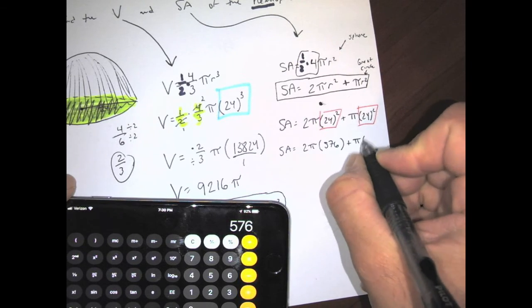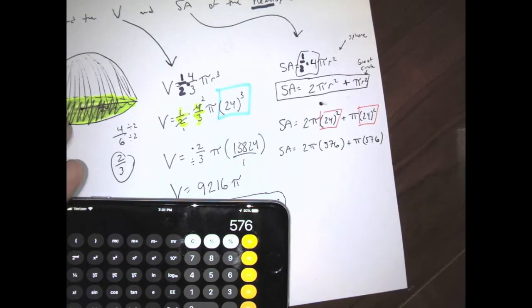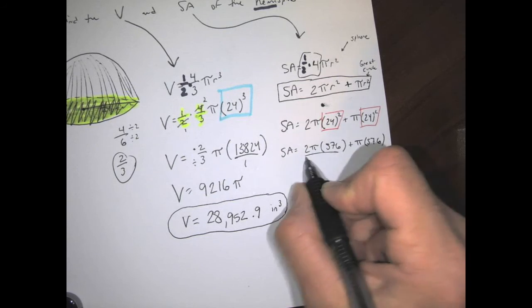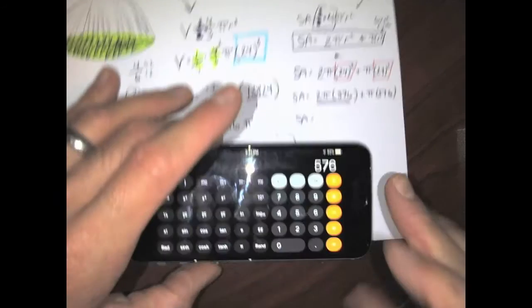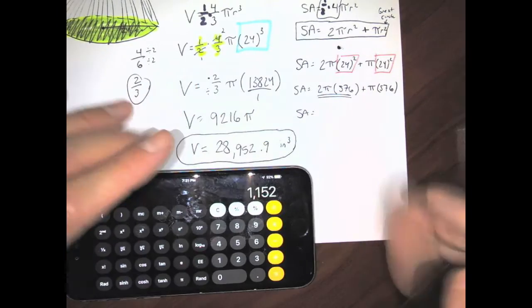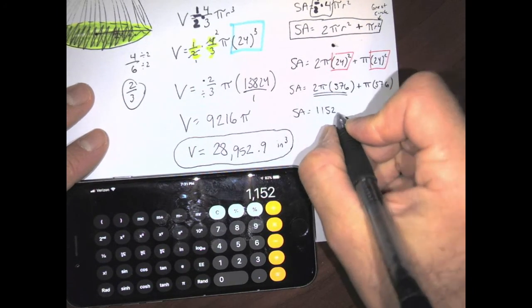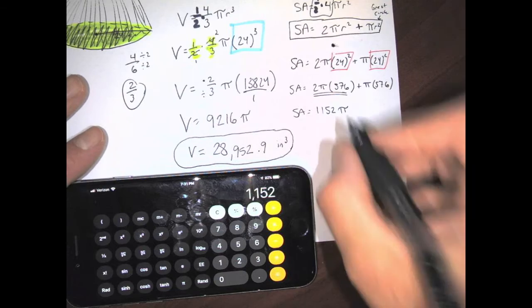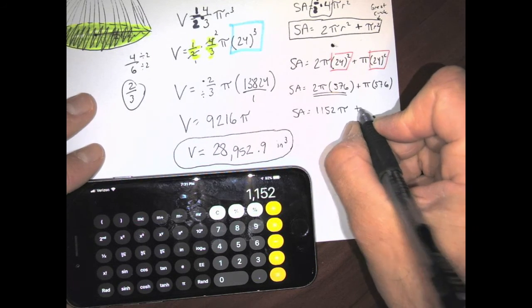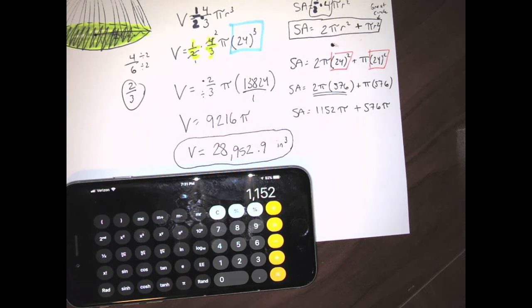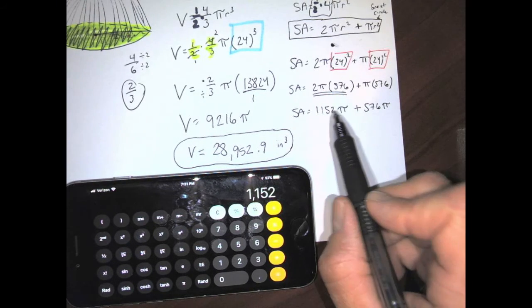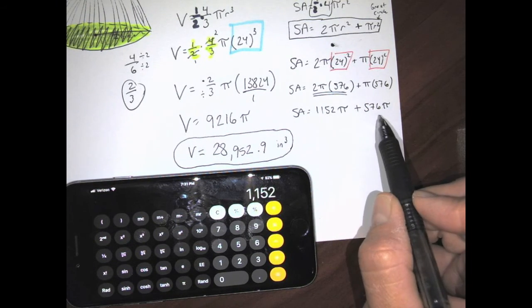Plus pi times 576. Alright, multiply the 2 and the 576. The surface area is going to be, okay, we're slowly getting there, 1,152 pi plus 576 pi. That's going to be the curved surface. That's going to be the great circle.